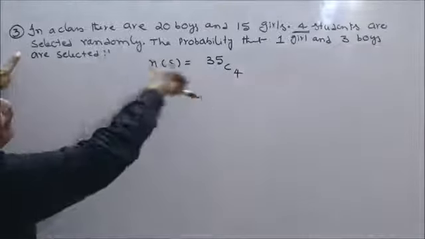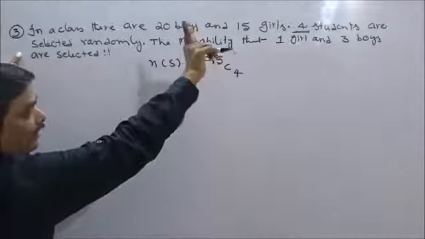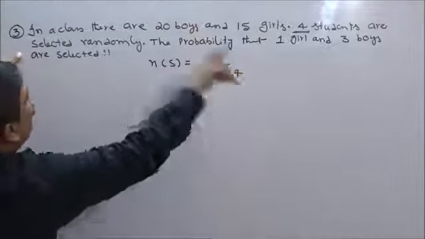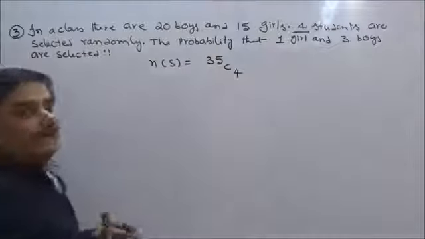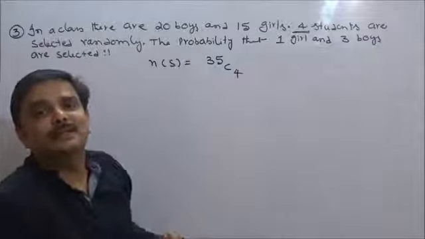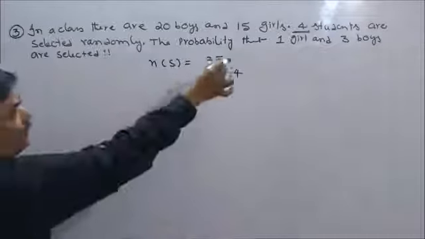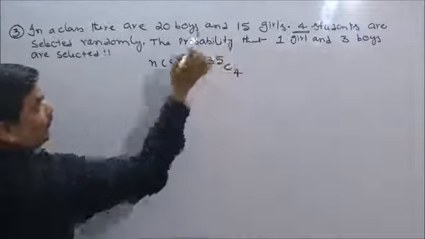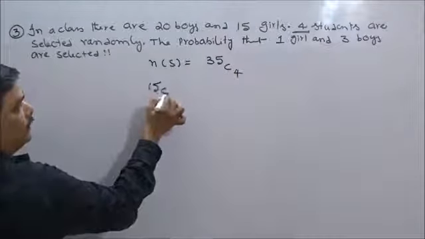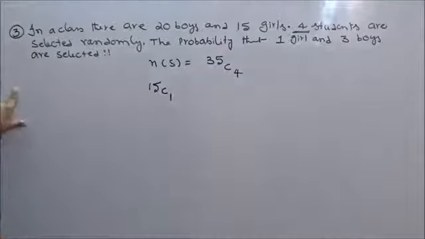Then next one. What is it? The favorable events. What favorable cases, events. 4 students are selected. Then the probability of getting 1 girl and 3 boys. Now, favorable is 1 girl and 3 boys means getting 1 girl out of 15 girls. 15 C1 or 15.